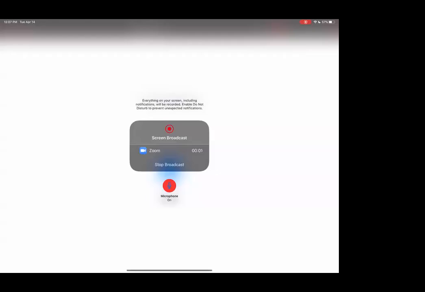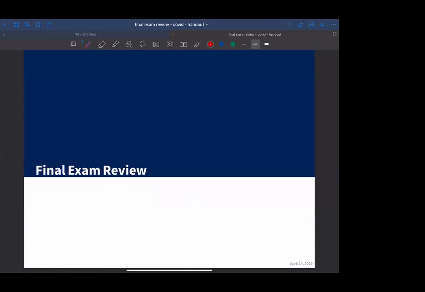The first question was, is there going to be any kind of curve in this class? Typically I don't curve the individual assignments. What I do is at the end of the class, I add all the weighted scores up and you get a weighted average. Then I determine the cutoffs, what's an A, what's a B, and so on.